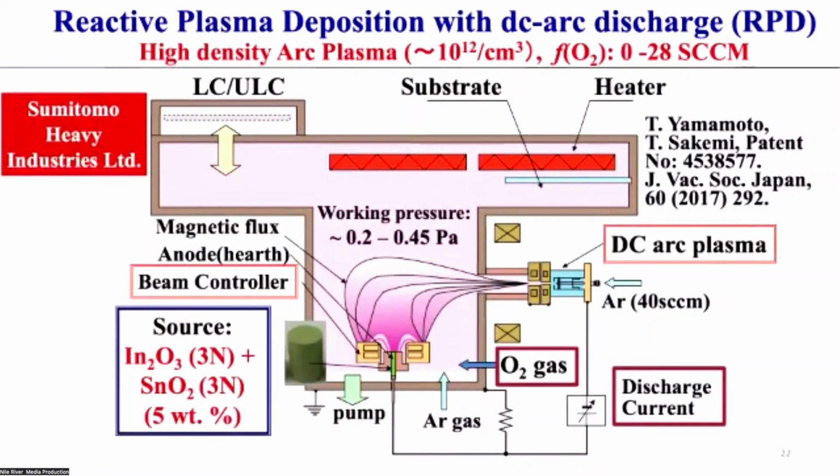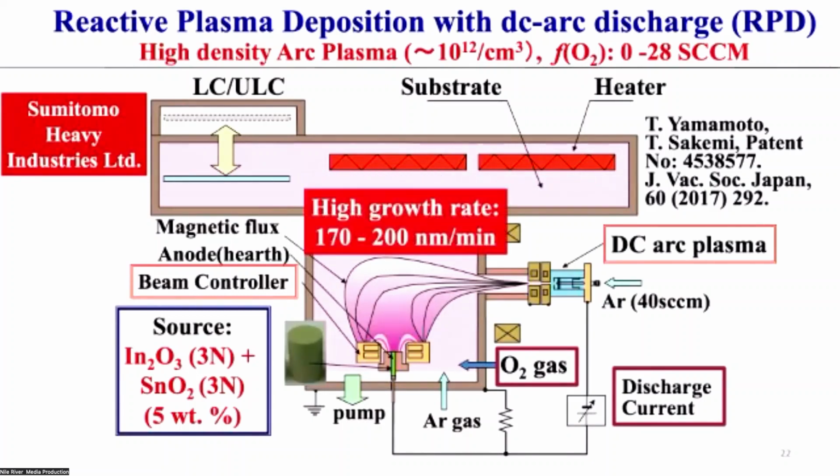And this is a schematic diagram of the RPD with the traveling substrate. And the apparatus does work very well because of high growth rate, typically 170 nanometer to 200 nanometer per minute, okay, produced by Sumitomo Heavy Industries.